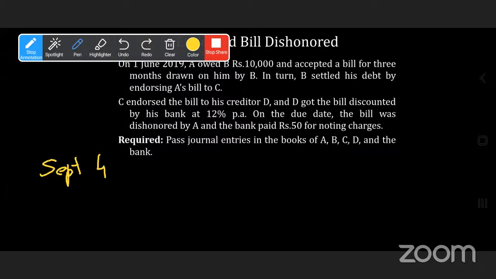September 4th. Now the bill was dishonored by A. So A account debit to C account, being endorsed bill dishonored and noting charges paid.